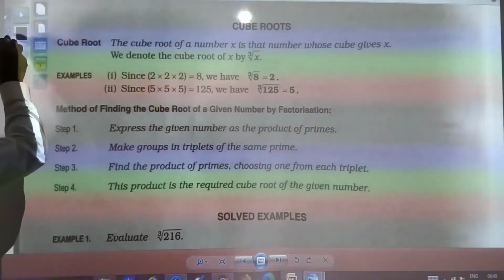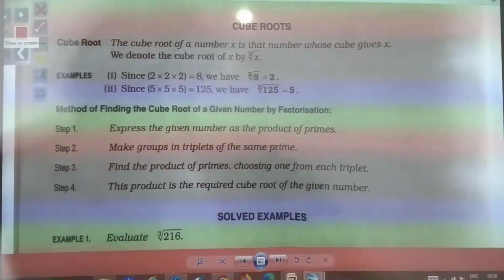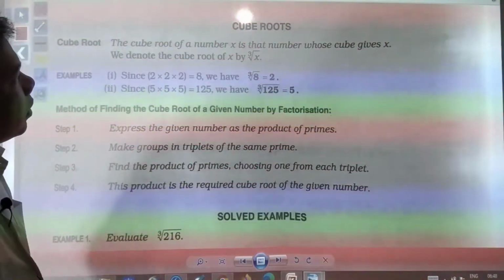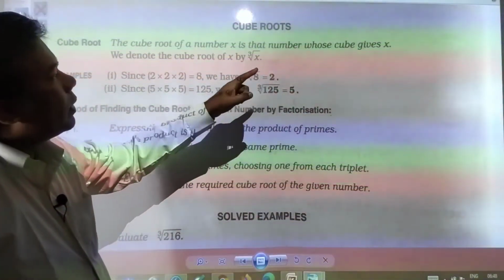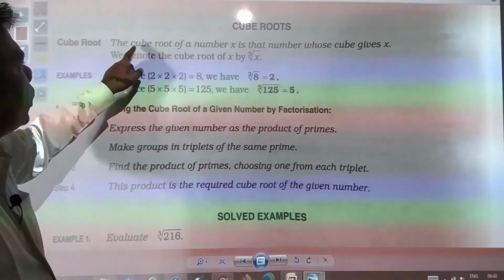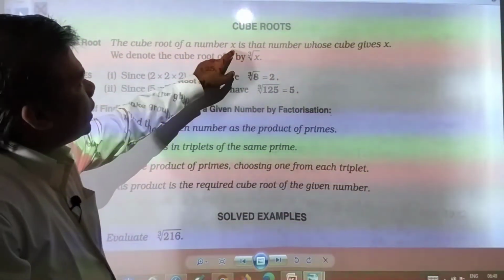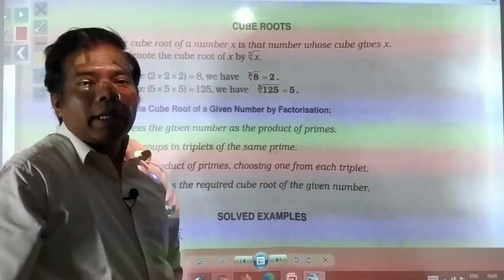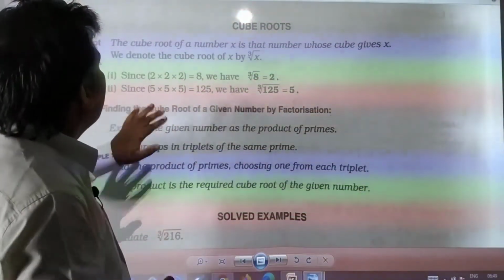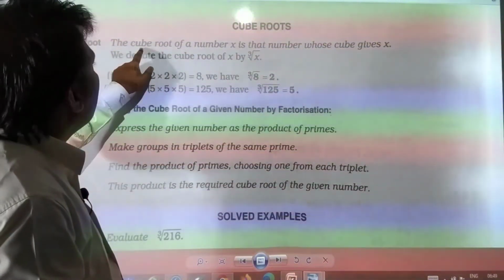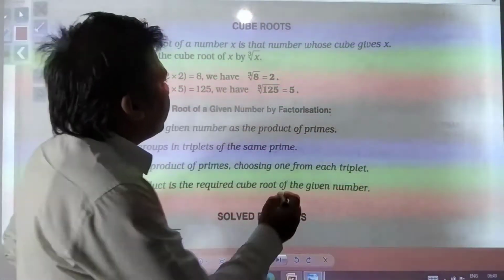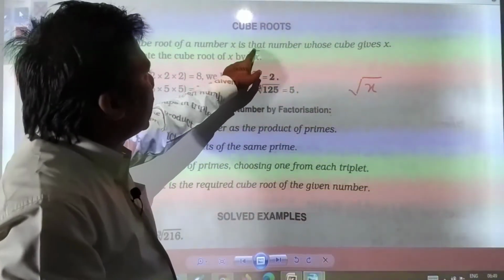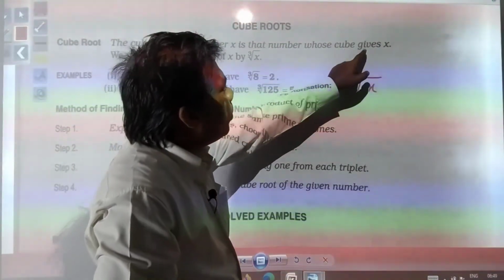Here you see, the cube root of a number x is that number whose cube gives x. Suppose you have the cube root of a number x; it is that number whose cube gives x.